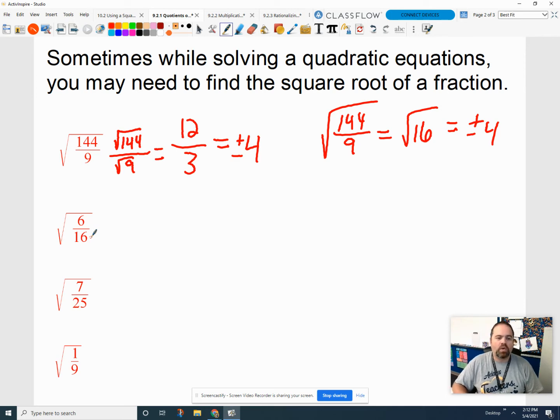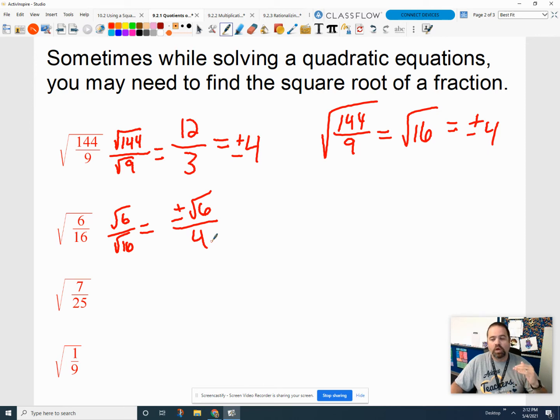So I'm going to split this guy up, root 6 and root 16, separately. I can't do anything with the square root of 6, so it stays square root of 6, and then the square root of 16 is just 4, and you're done. You cannot simplify that any further because that 6 is under the root and the 4 is not.